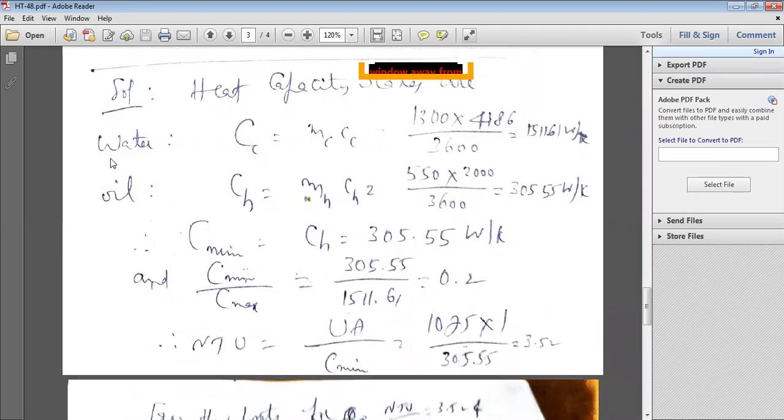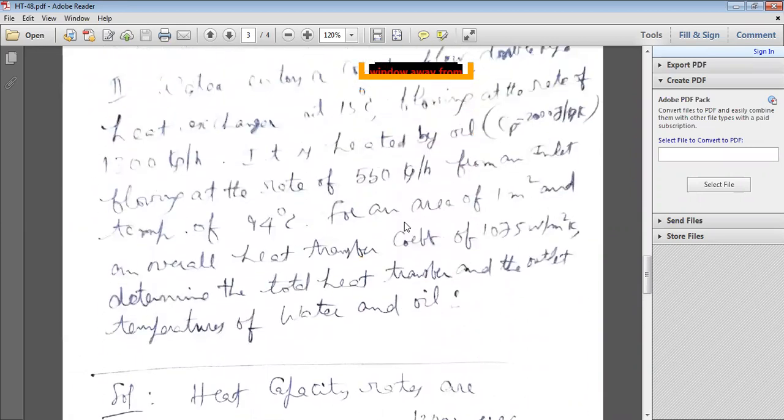Similarly, the heat capacity of the hot fluid, oil, capital CH. How do you calculate? Mass of the hot fluid into specific heat of the hot fluid, M into C. Mass of the hot fluid, oil, is 550 kg per hour, converted to kg per second: 550 divided by 3600, into the specific heat of the oil, given as 2000 joule per kg Kelvin.